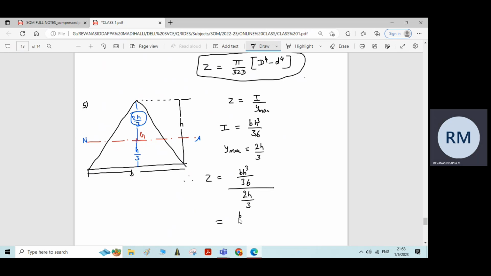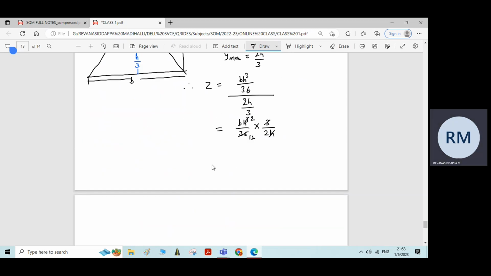So bh cube by 36 into 3 by 2h. Here we will get h square. So the final equation will be Z is equal to bh square divided by 24. So this is the equation for the section modulus of a triangle.